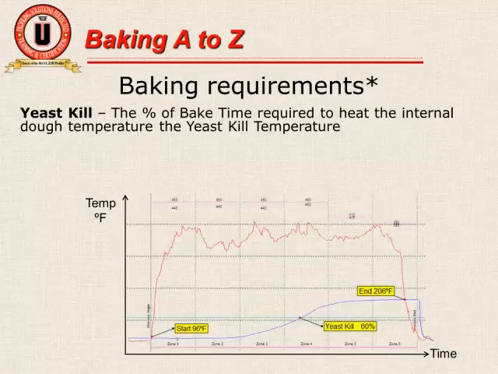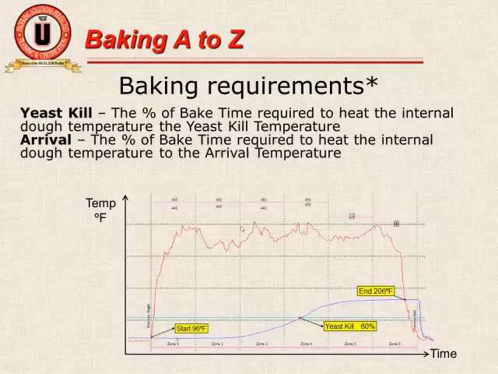So if the total bake time is 20 minutes, 60% of that would be 6 times 2, 12 minutes it took to get to the yeast kill temperature, or 60% of the total time.